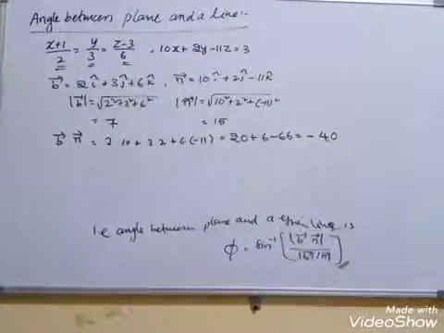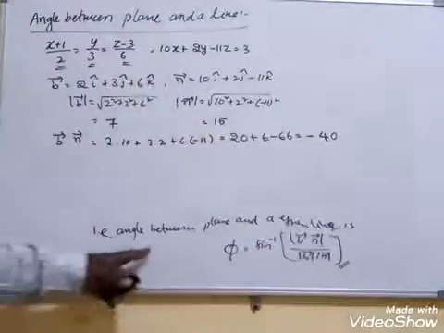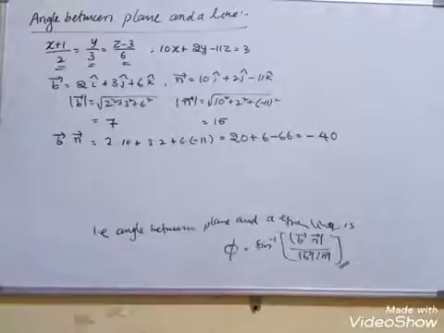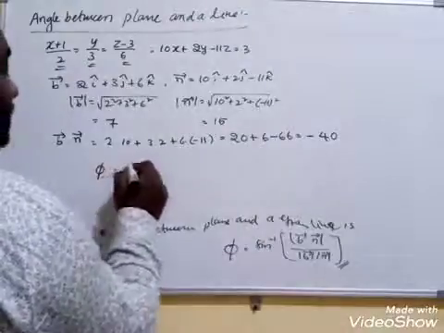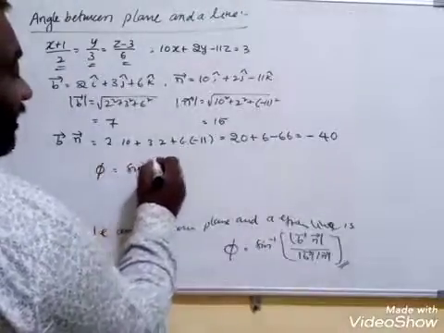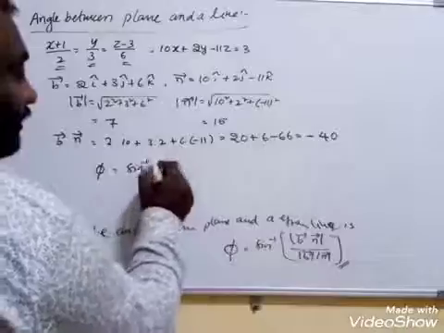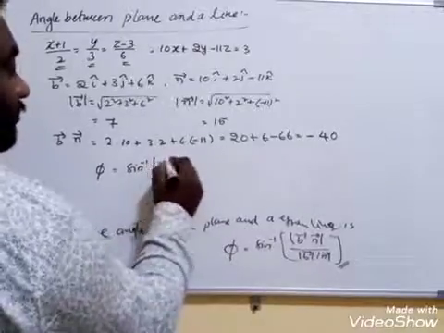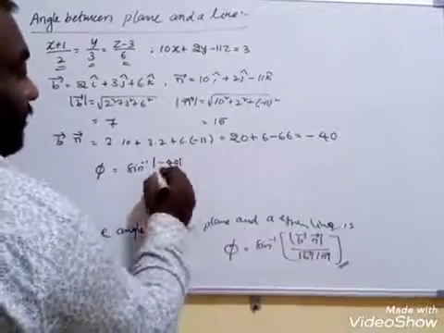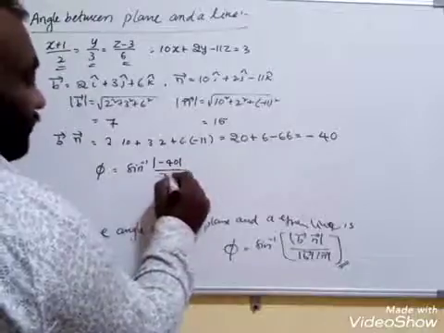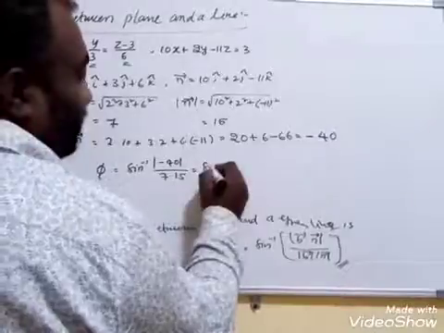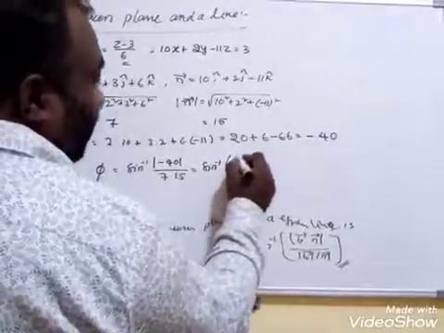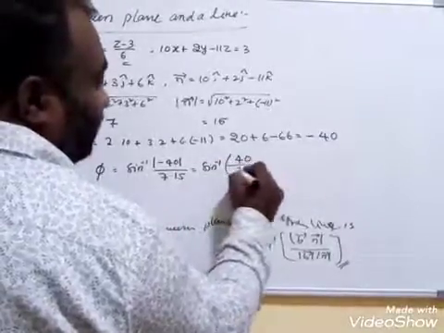Now what is the formula we have? The angle between the plane and the given line is phi is equal to sine inverse of modulus of b bar dot n bar by modulus of b bar into modulus of n bar, which is 40 by 7 into 15.